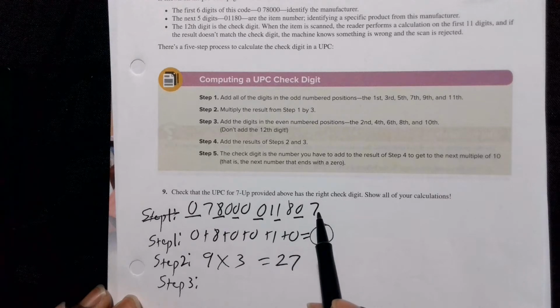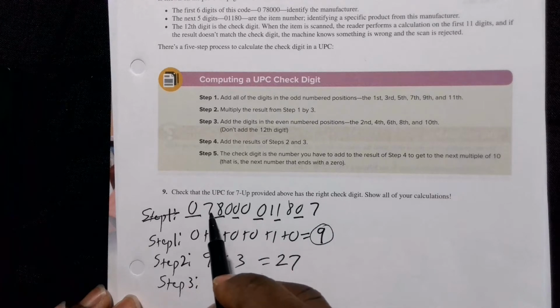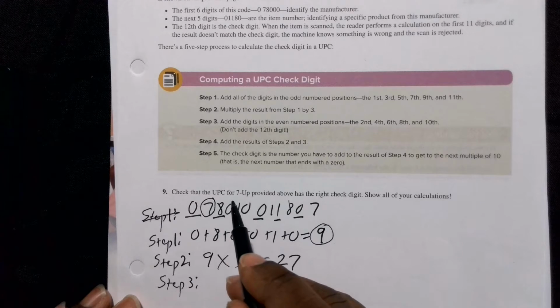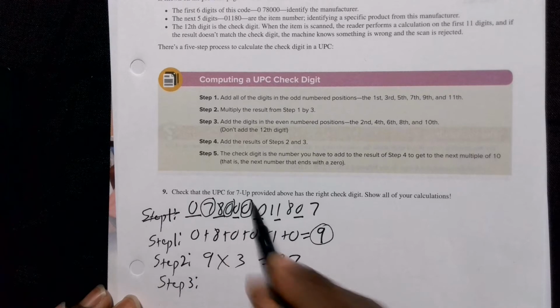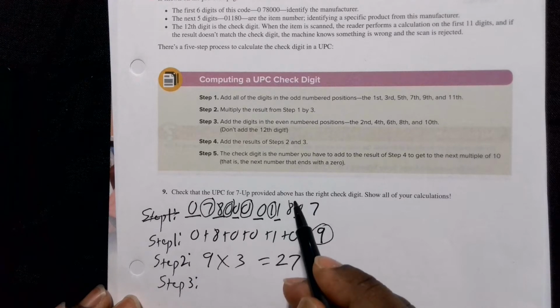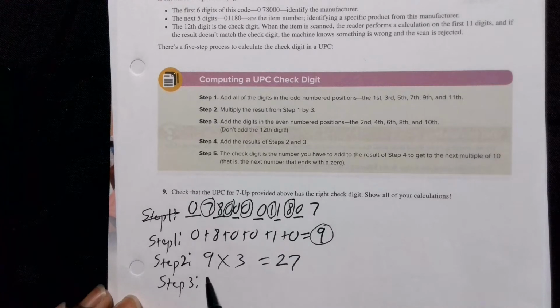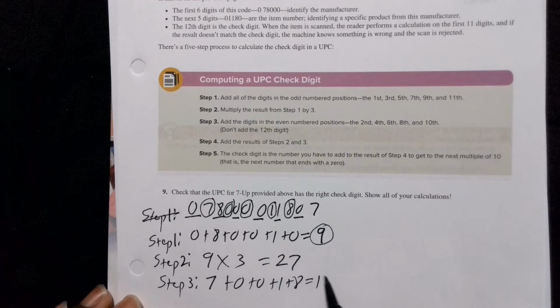So we don't count this 7. So we would add this 7, this 0, this 0, this 1, and this 8. So it'd be 7 plus 0 plus 0 plus 1 plus 8. Now when we add all of this up, that gives us 16.